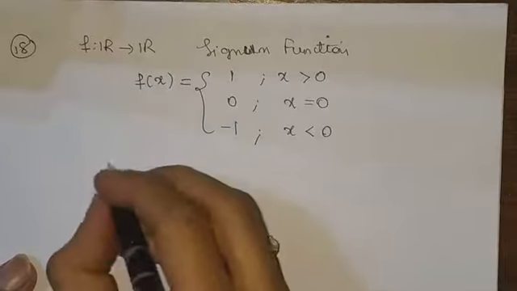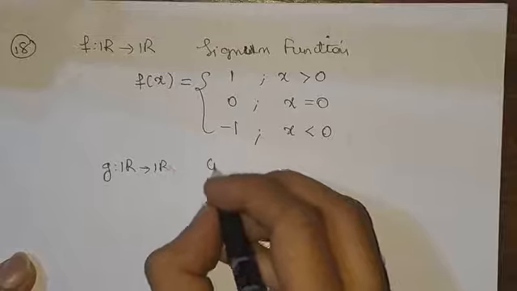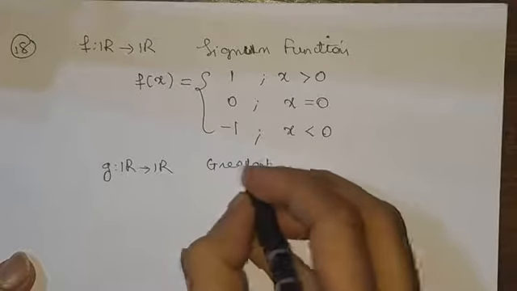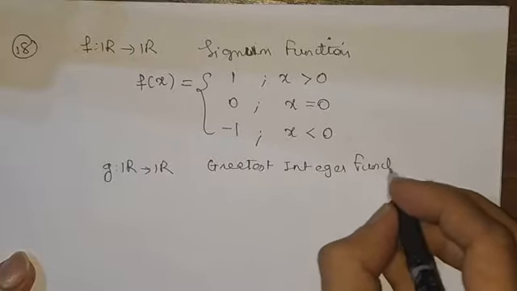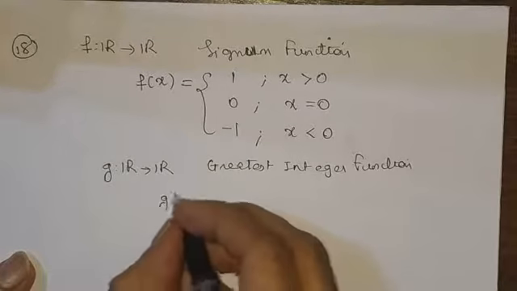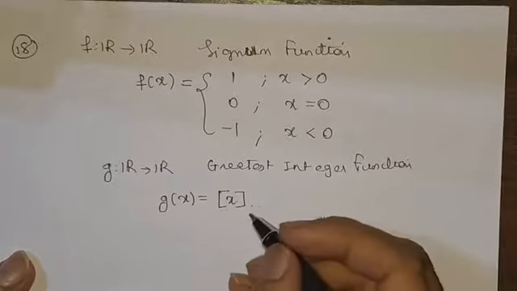Now what is the second function? g from R to R, which is nothing but the greatest integer function. So that means g(x) is equal to the square bracket x.